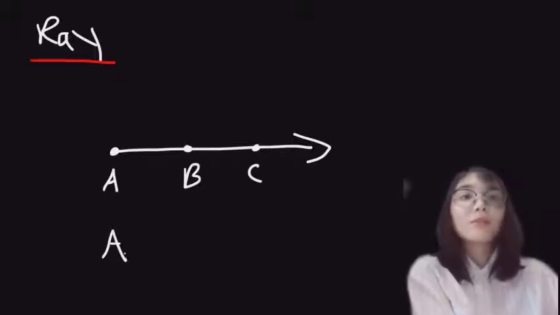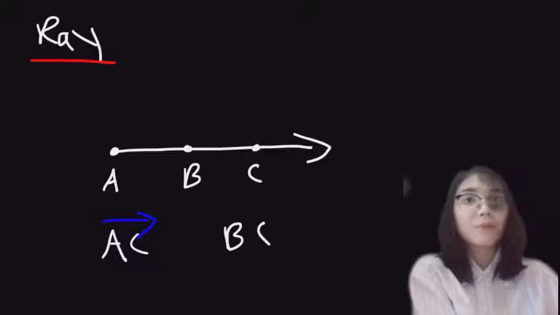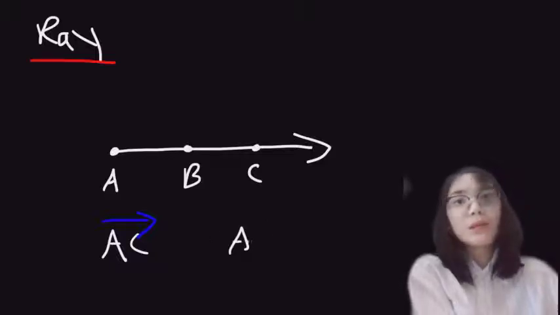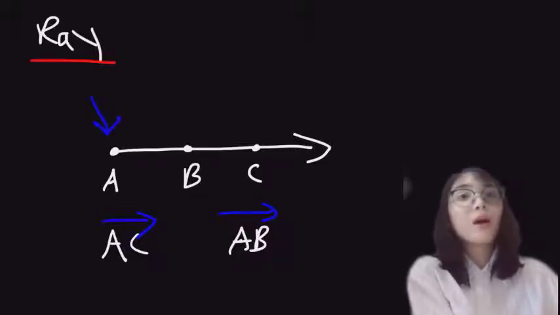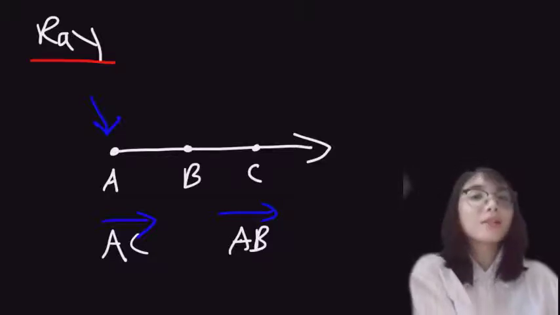We can name this ray BA, or we can name it ray BC. The reason we can name it ray BC is that the first point has to be the initial point, or the endpoint, of the ray, so we need to use that point as our starting point.